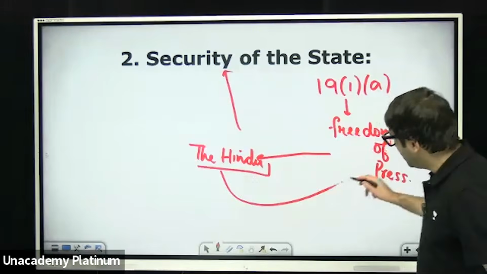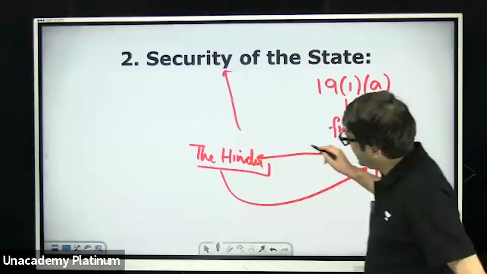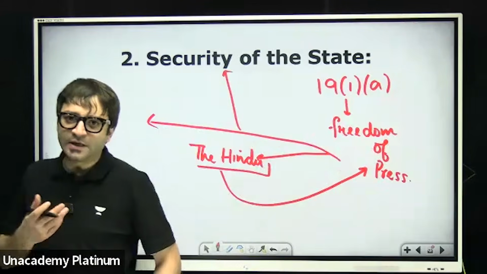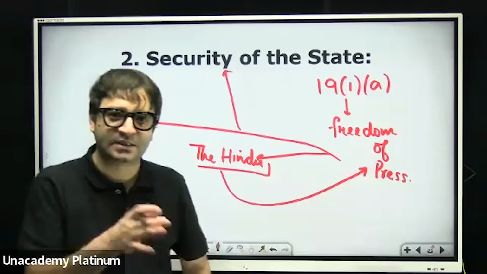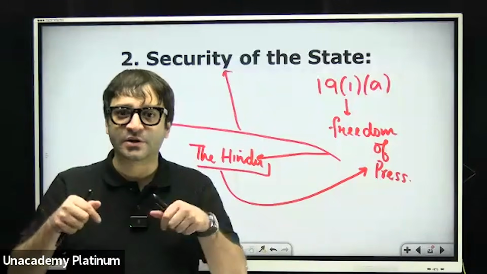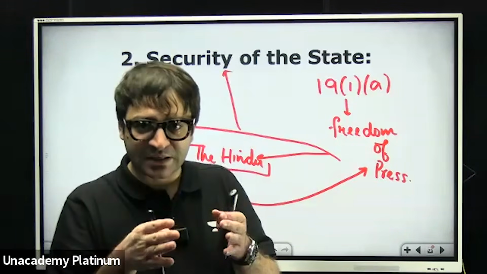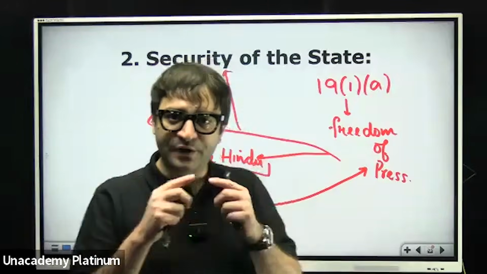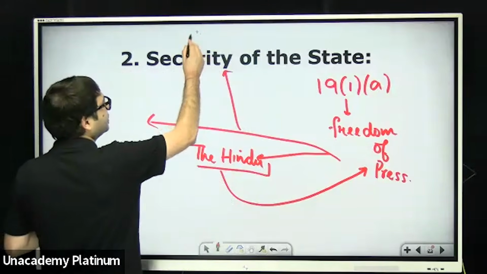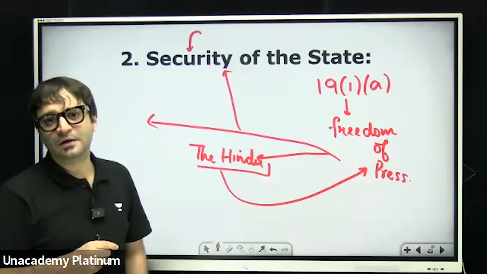And can the Hindu use its fundamental right, which is freedom of press, and reveal all the security details of this operation in its edition of the newspaper? No. Why? Because this is a reasonable restriction. Anything that you post, anything that you express, anything that you say, if it is going to endanger the security of the state, this is not protected under the Constitution.